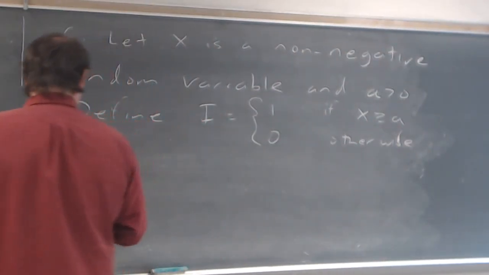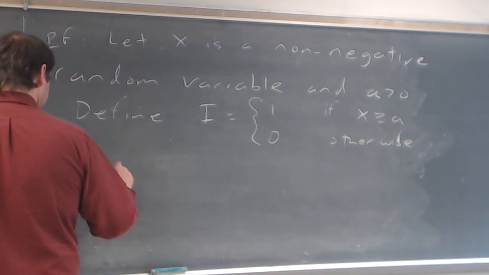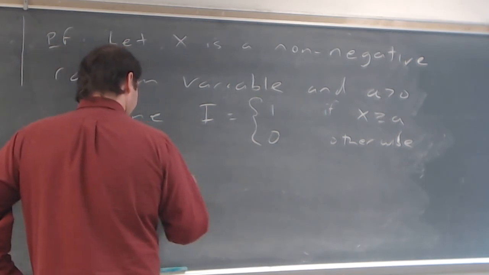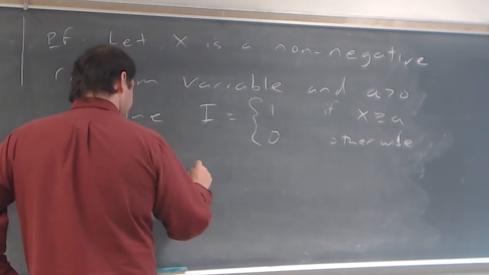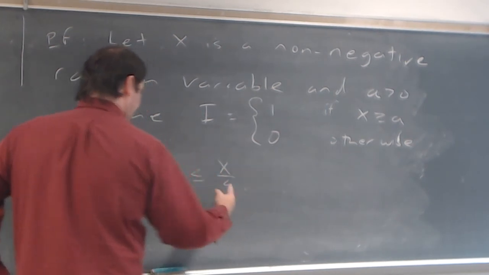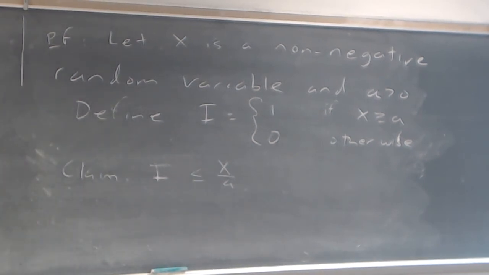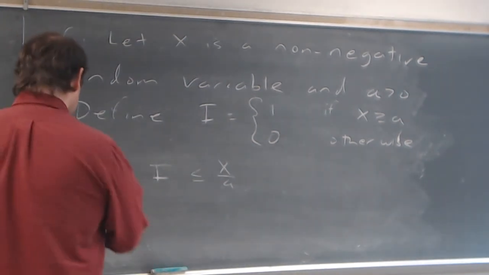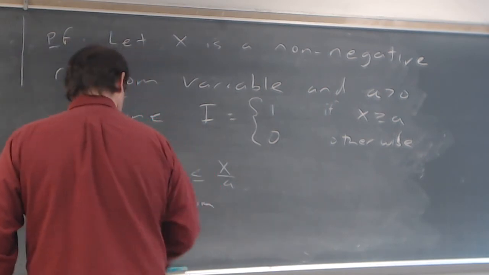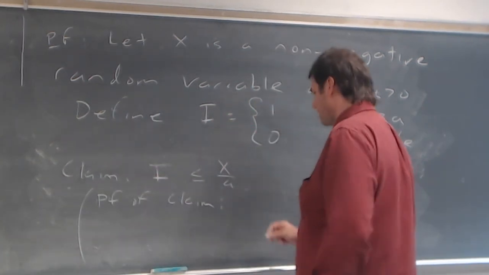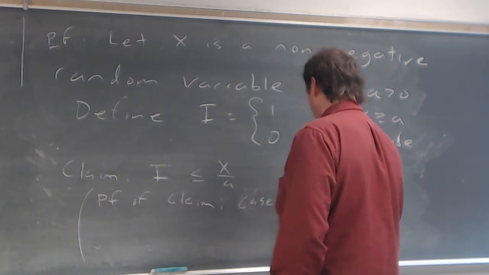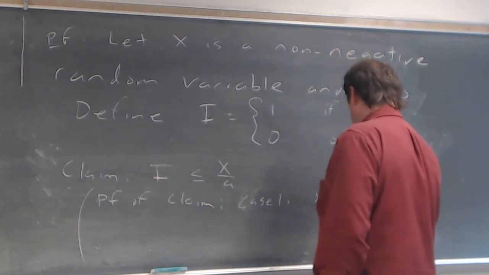So here's what I want you to notice, or I'll write a claim first. The claim is that I, it's a random variable, so it's a function, but for any particular input you give me, it's going to be less than or equal to x over a evaluated at that same input value. I want to do the proof of this claim. We have two cases. Case 1, that x is greater than or equal to a.